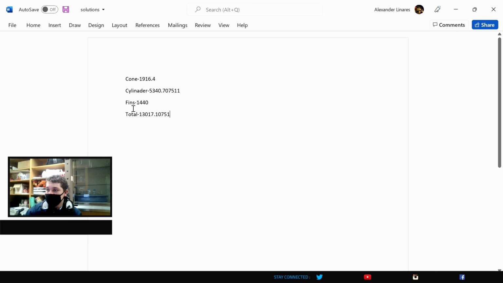So then you add them all up, and then your area is 13,017.10751 feet squared, and that's the total area of the rocket. That is a big rocket.